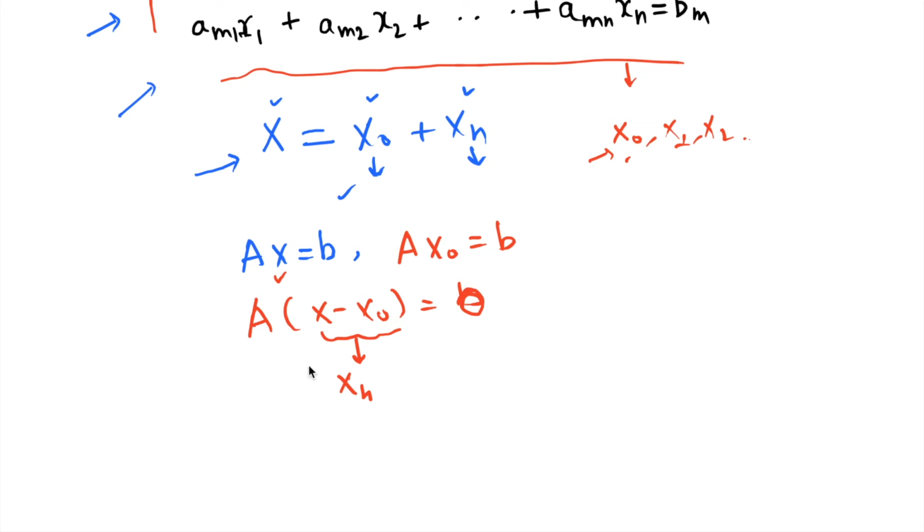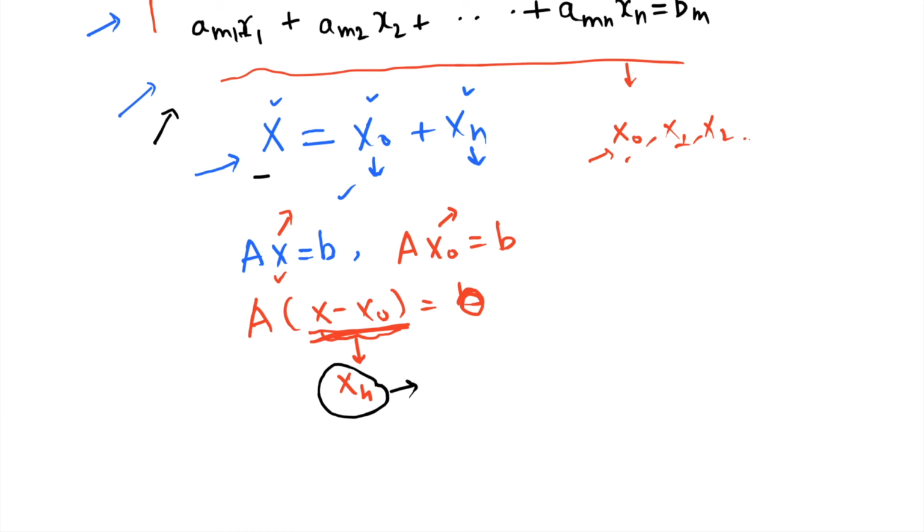So basically this shows that the difference x minus x naught, for any solution x and a fixed solution, that is any arbitrarily chosen fixed solution for the non-homogeneous system, is a solution for the corresponding homogeneous system of linear equations. What it basically means is that xh will run through all the solutions of the homogeneous system, and x will run through all the non-homogeneous solutions.